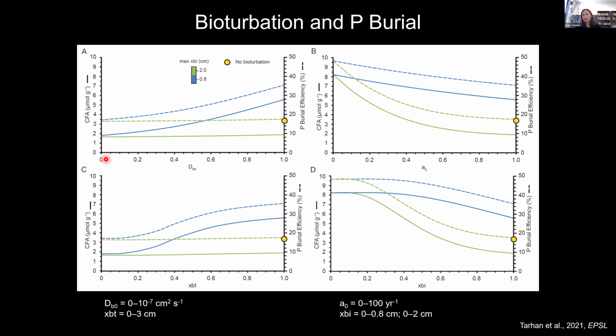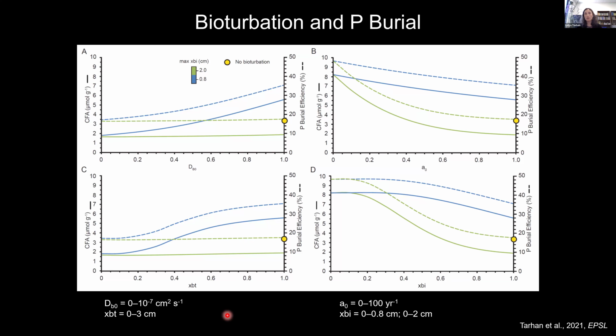And you can see that these are represented fractionally along the x-axis. So 1 means 100%, which corresponds to the values that we observe at that FOAM site. But you can see the full range of values we explored listed below. And then along the y-axis, you can see a couple of different representations of phosphorus cycling. The solid curves correspond to CFA, so our major phosphorus burial sink, authigenic phosphorus.